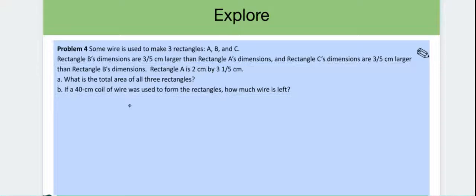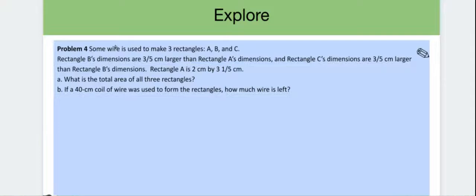Okay, so I'm going to read the problem. Some wire is used to make 3 rectangles, A, B, and C. Rectangle B's dimensions are 3/5 centimeters larger than rectangle A's dimensions, and rectangle C's dimensions are 3/5 centimeters larger than rectangle B's dimensions. Rectangle A is 2 centimeters by 3 1/5 centimeters.